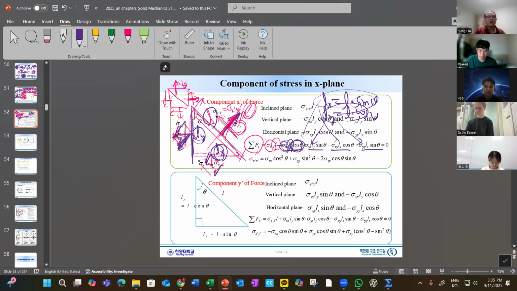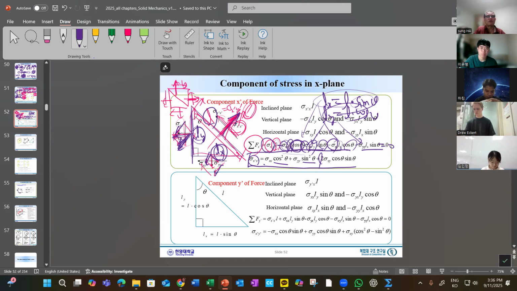Okay, these have to sum to 0. So sigma x prime x prime is on the left hand side, and this is all right hand side. You can see that we divide by L, then we have cosine square, sine square, and then this xy and this xy are the same. So this is sine theta, and this will be cosine theta. And cosine theta and sine theta, we have twice.